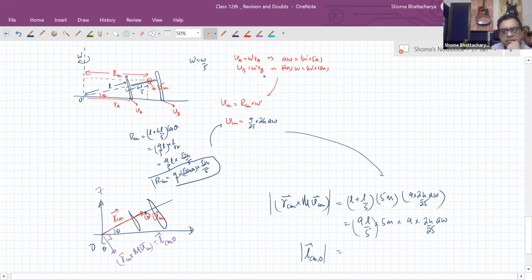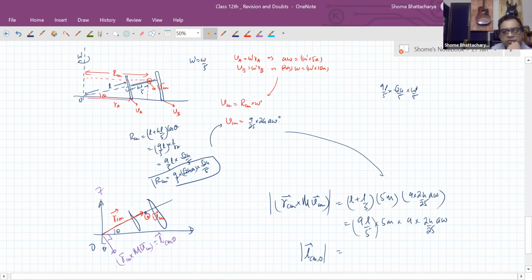I think we are missing some term over here. Just let me check. So VCM was 9L by 5 into this cos theta term, that is root 24 by 5, into omega, which was omega prime.